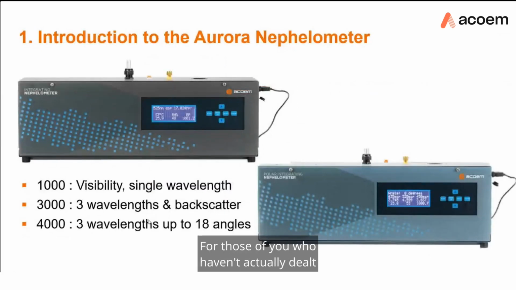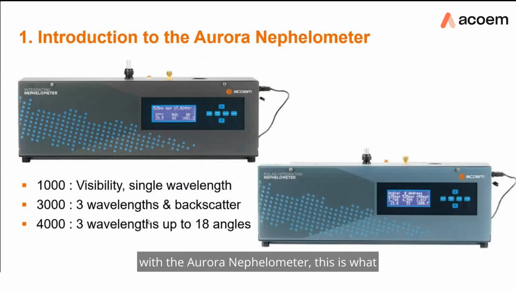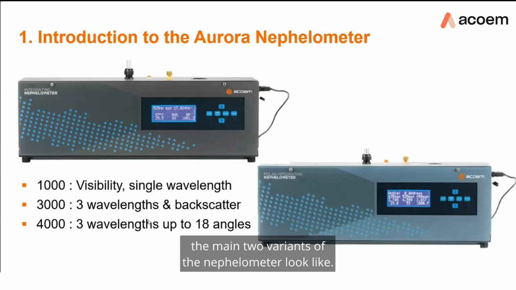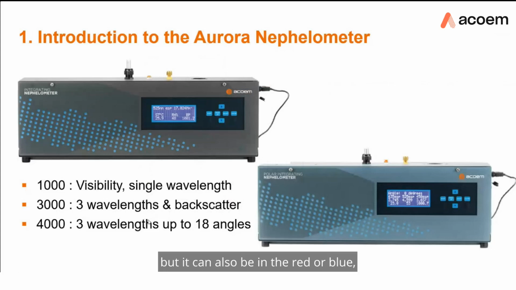So firstly, introduction to the Aurora Nephelometer. For those of you who haven't actually dealt with the Aurora Nephelometer, these are what the main two variants of the nephelometer look like. Essentially, it comes in three main variations. The Aurora 1000 is primarily used for visibility, measuring scattering at a single wavelength, usually green for most visibility requirements, but it can also be in the red or blue if it's ordered that way.